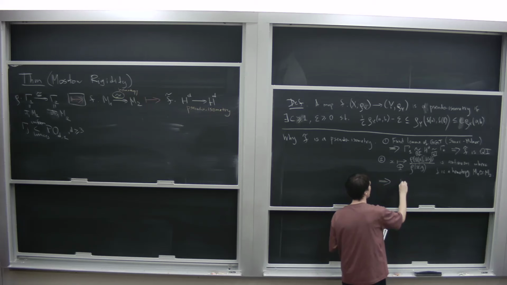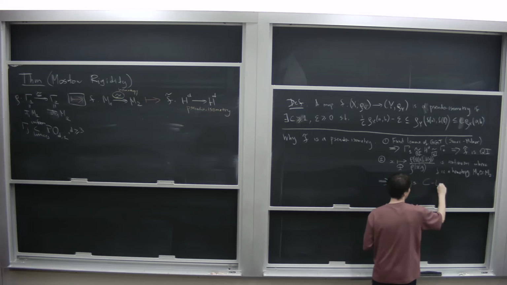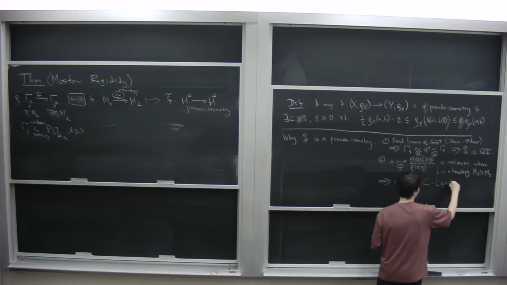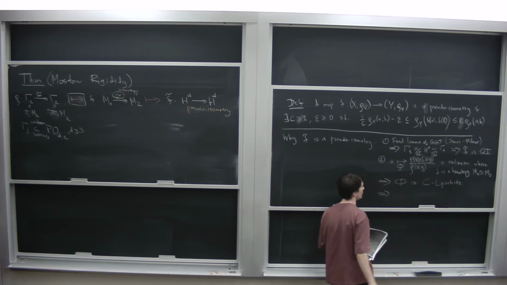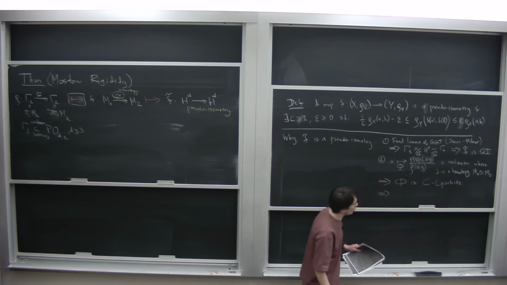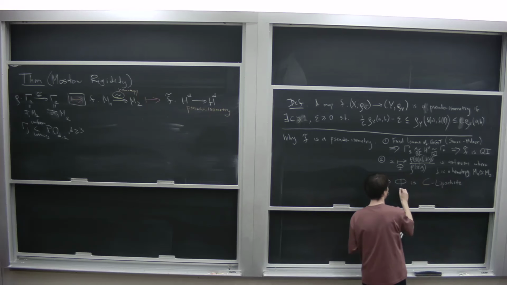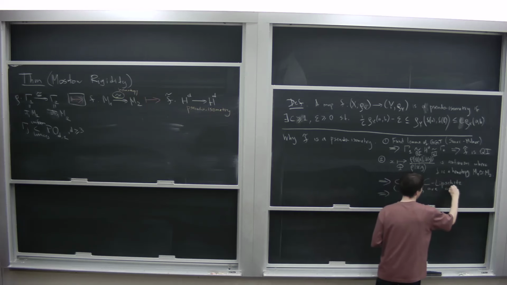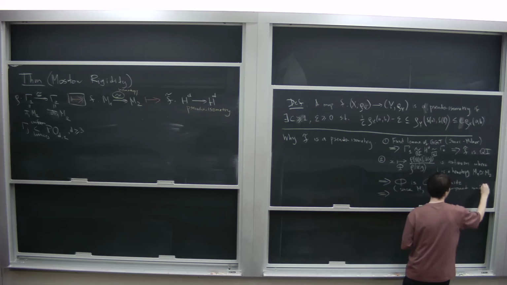This implies that f is still Lipschitz, and this implies that, so we use that m1 and m2 are compact, since the mj's are compact manifolds.